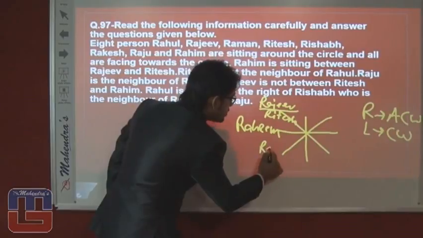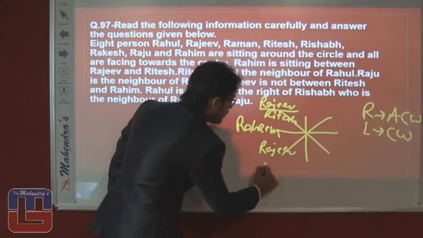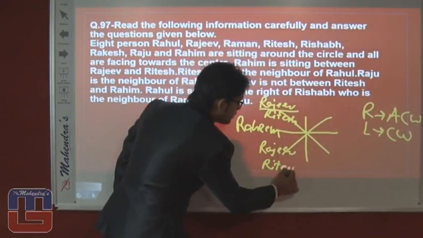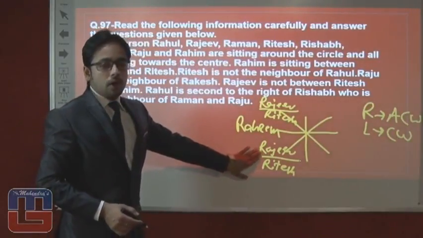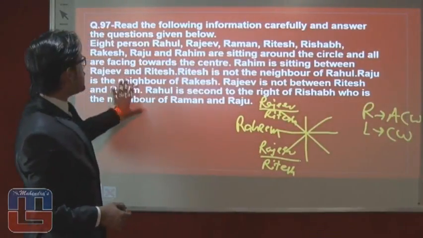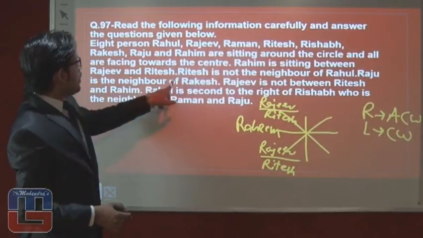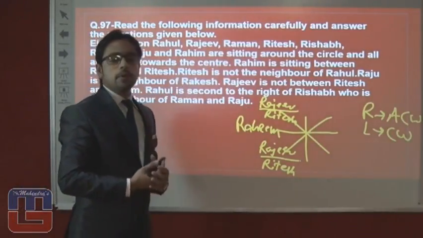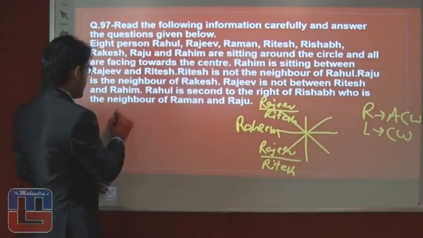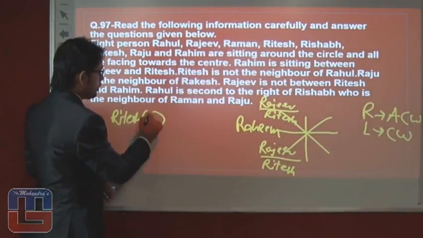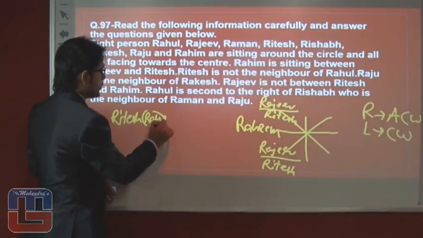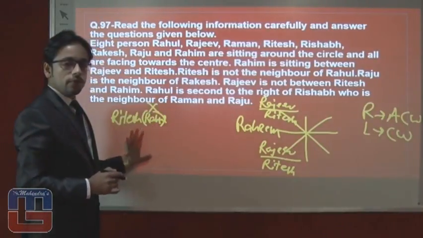So either Rajiv is sitting here or Ritesh will be sitting here. Next statement is saying Ritesh is not neighbor of Rahul. So Rahul is not neighbor of Ritesh.